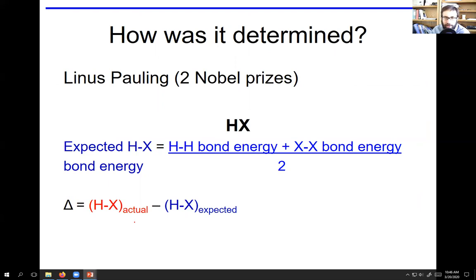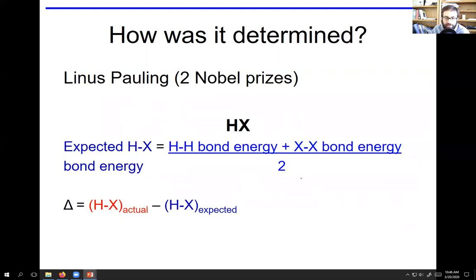I don't really want you to worry about this too much, but if you're curious, you can see this formula. He basically looked at compounds mostly with hydrogen to start with, and X is just some generic element that he's measuring the electronegativity of. He looked at the bond energy, and you would expect that if you had an equal sharing of electrons, equal electronegativity, the bond energy would be an average between an H-H bond and a dimer, a diatomic version of that element that you're measuring.